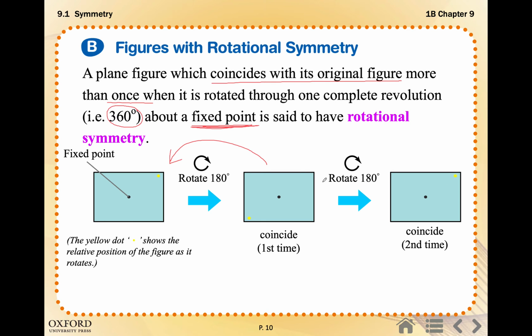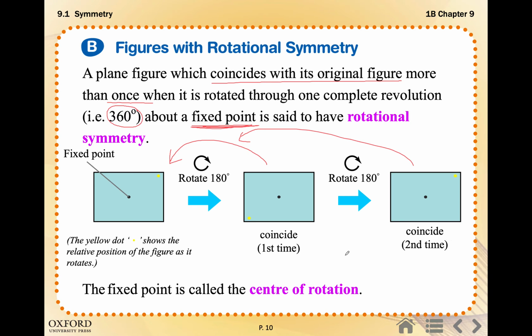Of course, this is the same figure as this. So the same figure appears twice, that means 2 times, and then we call it rotational symmetry. And the fixed point here, we call it the center of rotation. That means this point is the center of rotation.